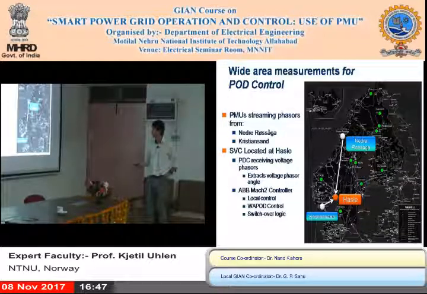The other measurement point was down in the south in Norway. So what we did, we measured the voltage angle between this station and this station. And that was then fed to the static var compensator and the POD that was placed here at the Hasle transformer station.